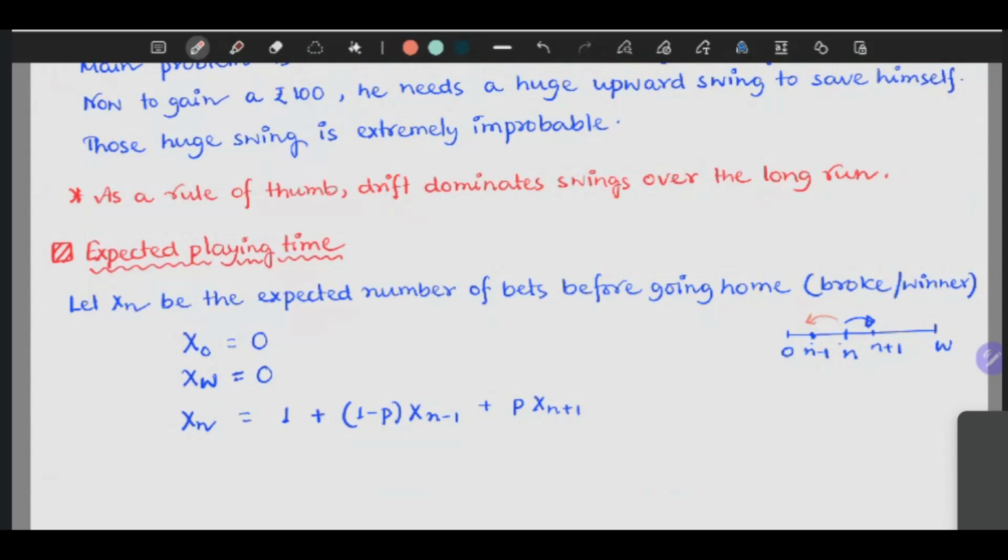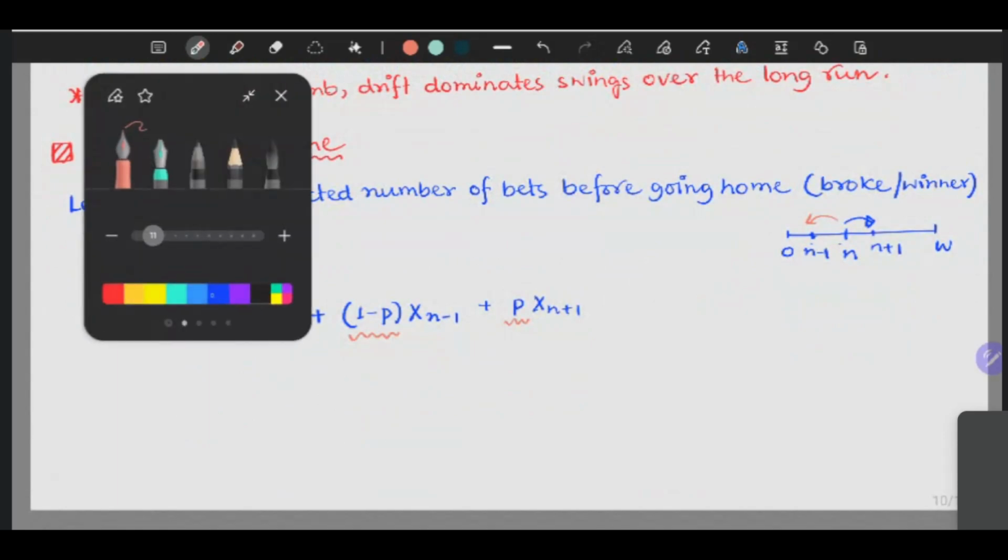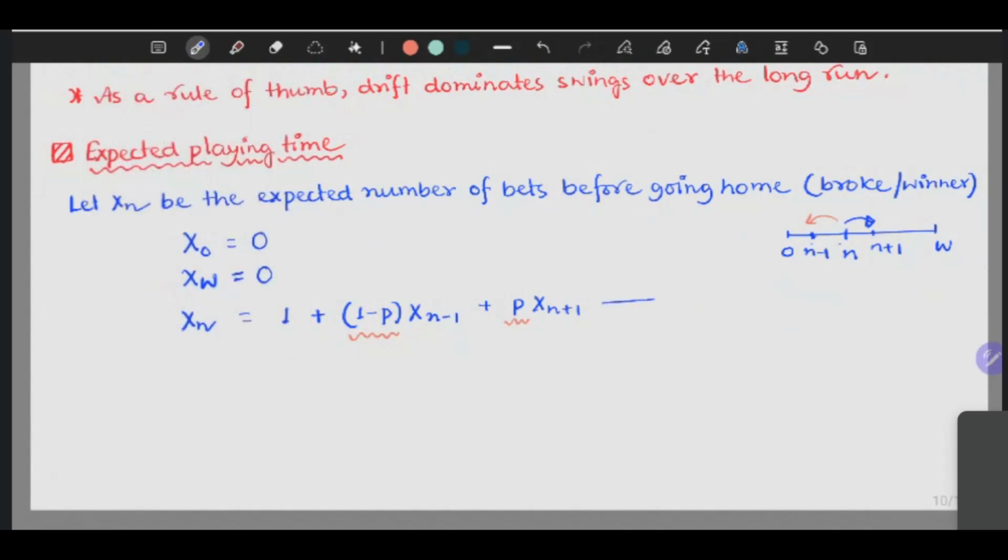So that is the probability 1 minus p, and winning some money is p, right? So that's the thing. Okay, so you have got this relation. So this is 1.